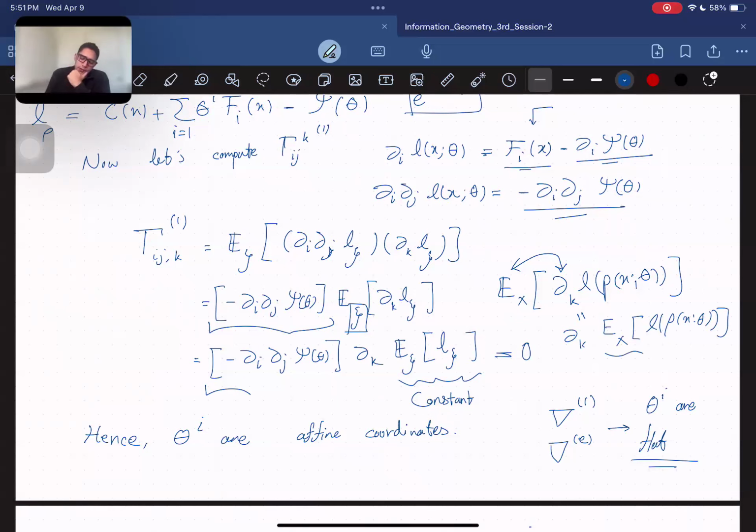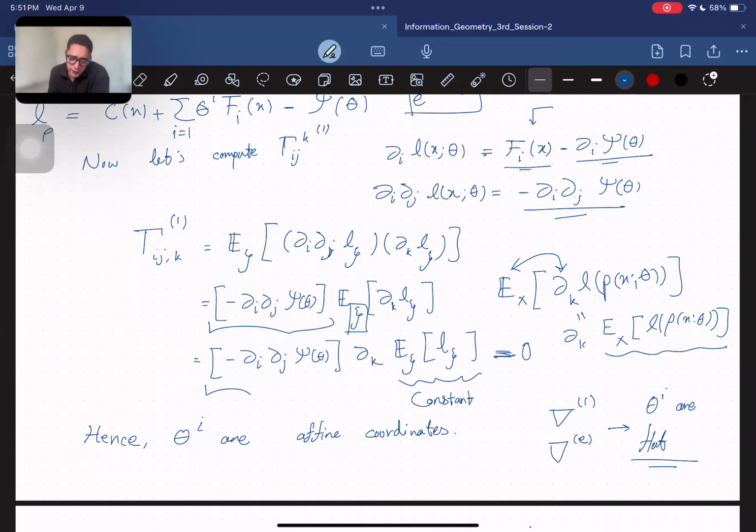but this thing is a constant. Remember, P is a distribution. So if you take the integral of that, it would be 1 always. So this thing is always constant. And so there you have it.